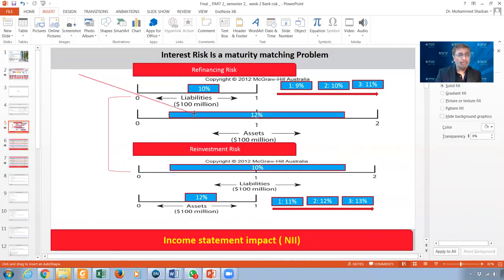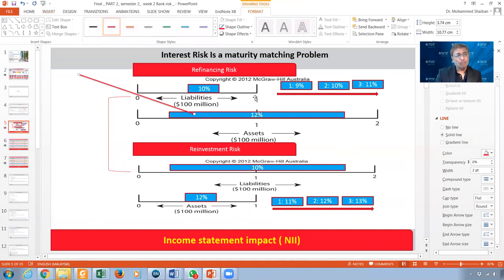As you can see, for the first year I'm so happy because I'm paying 10% on the deposit and receiving 12%, making a 2% difference, which means I'm making 2 million. The problem is these people, the liability depositors, will come in year one and want their money back.